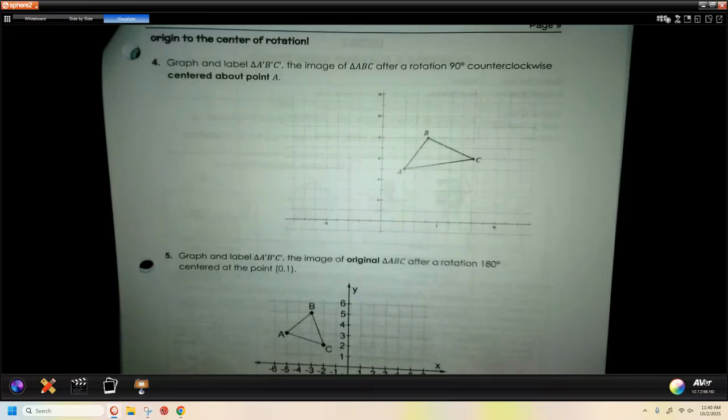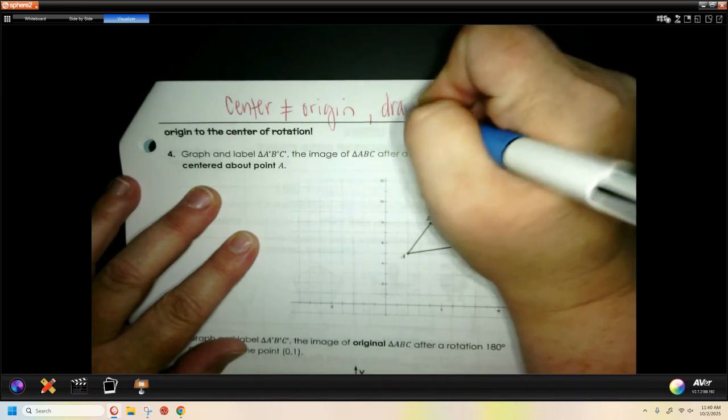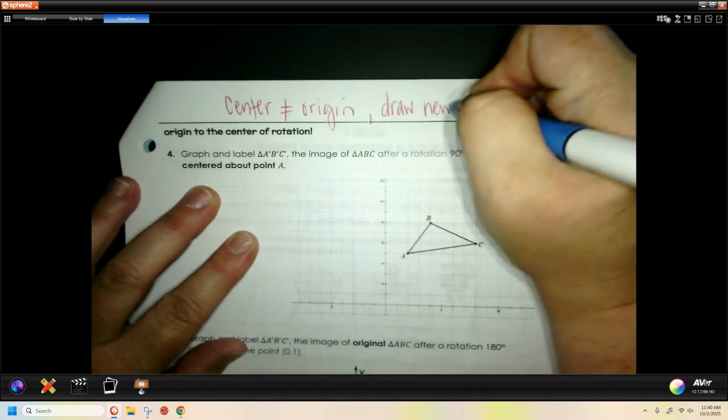So basically the center does not equal the origin. So we are going to draw new axes. It'll all make sense.